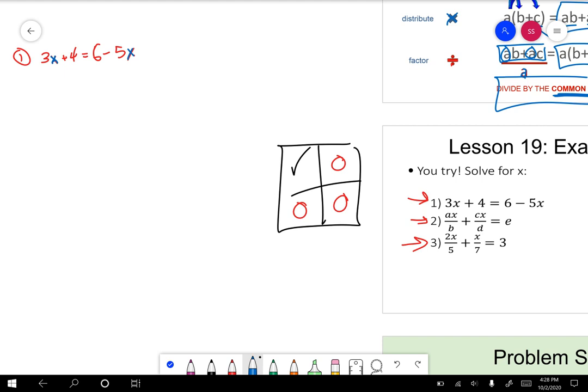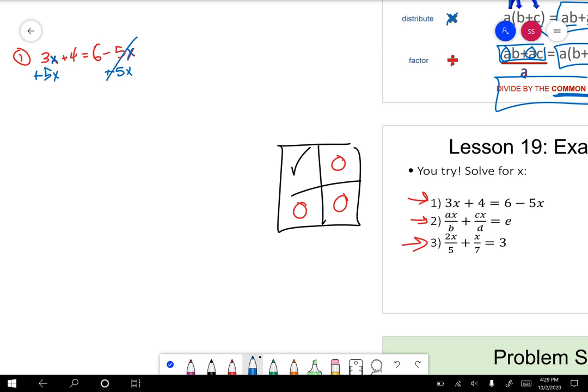Okay. All right, so we want to get the x terms on the same side. Now I'm noticing that on the right side, we have minus 5x. Generally, in my opinion, I find it easier to just add the x's instead of subtracting them. So again, it really doesn't matter, but that's generally my go-to. Okay, so I'm going to add 5x rather than subtracting 3x from both sides.